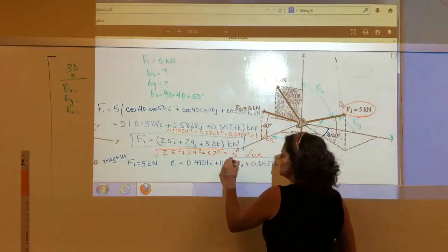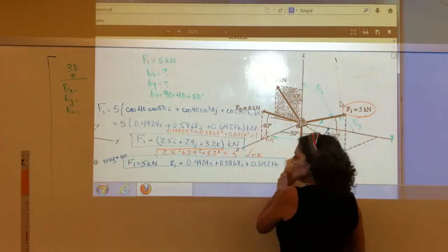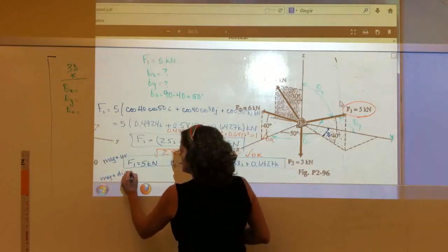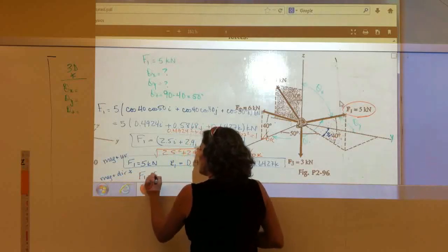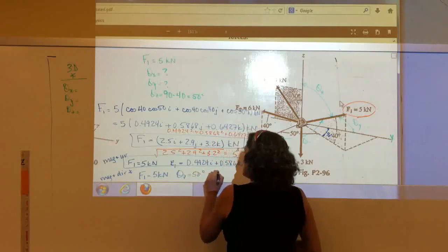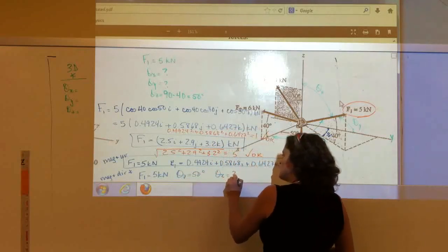So here's magnitude and unit vector. But how about if we wanted to have magnitude and direction angle? We have F1 equal to 5 kilonewtons, and we know theta z is equal to 50, but how do we find theta x?